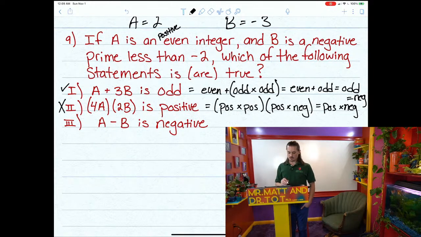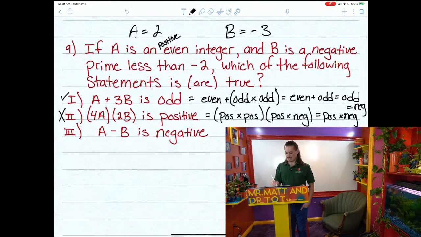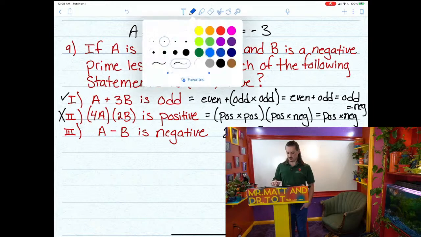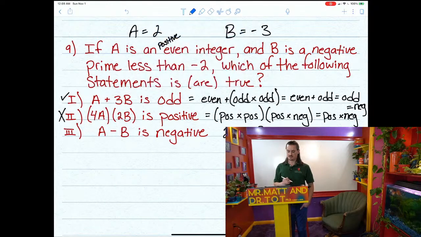And statement 3, we have a minus b is negative. So a would be positive 2 minus negative 3. If b is negative, notice when we do the leave change here, we're going to leave this sign alone, which is implicitly positive. Whoops, excuse me, let me scroll my screen up there. Sorry about that.